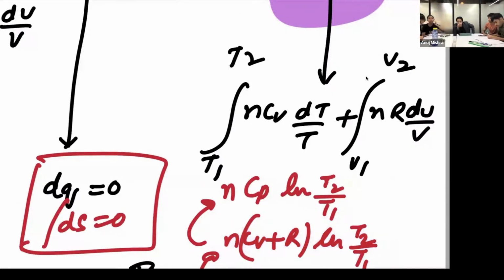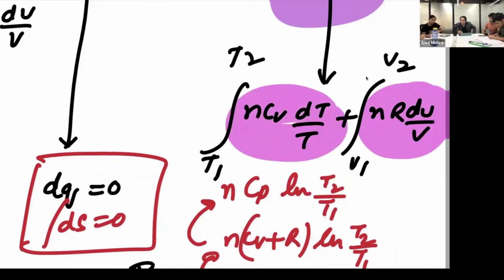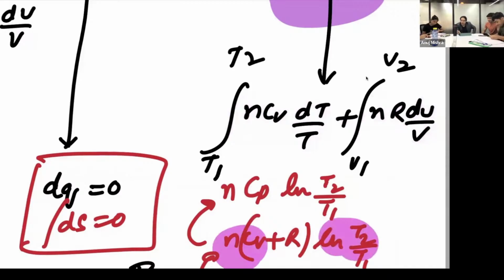In the isobaric case, volume and temperature are proportional to each other. So V1 upon V2 is T1 upon T2, or V2 upon V1 is T2 upon T1. So in this term write nR ln T2 upon T1. This term is nCv ln T2 upon T1. So nCv ln T2 upon T1 plus nR ln T2 upon T1 becomes n times Cv plus R ln T2 upon T1.